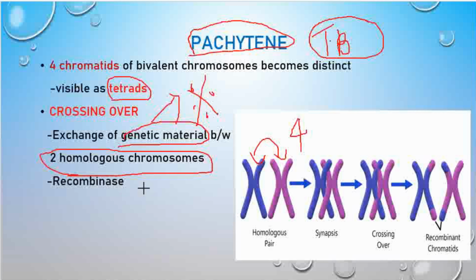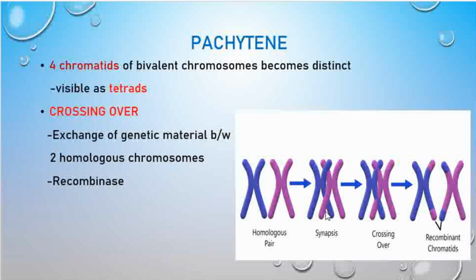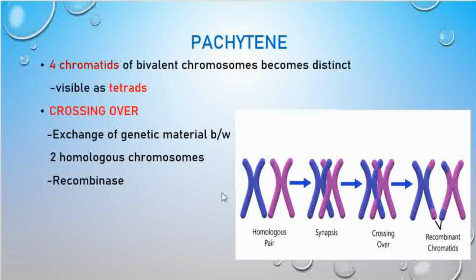See here, the homologous pair after synapsis cross over to get the recombinant chromatids. See how they have recombined. There has occurred an exchange of genetic material. For this event of crossing over, the synapsis and the connection have occurred.